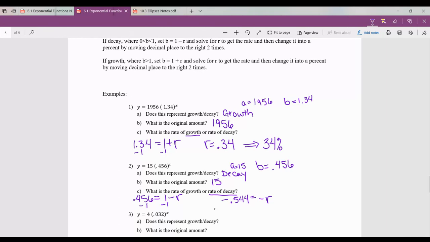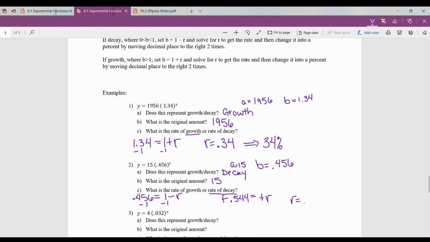And now because they're both negative, multiply by negative 1, and they become positive. So my r is equal to 0.544. But remember, I want to make it a percent, so I move that decimal over to 54.4%.